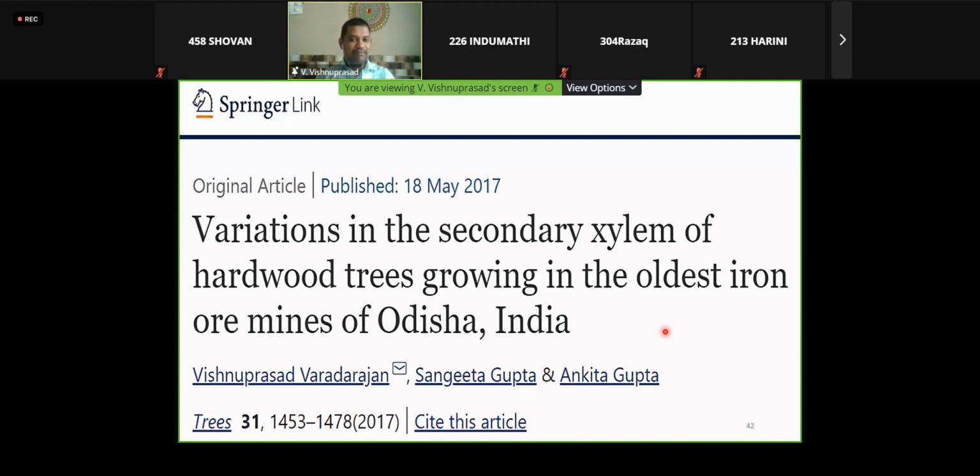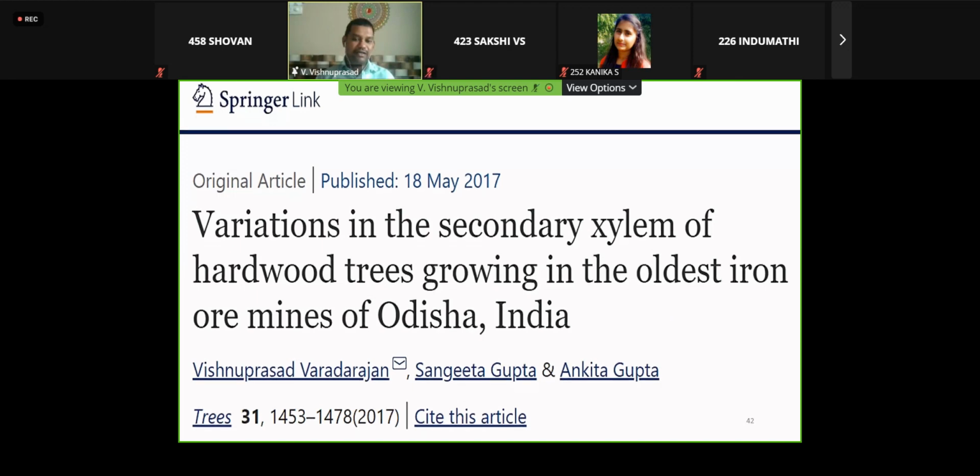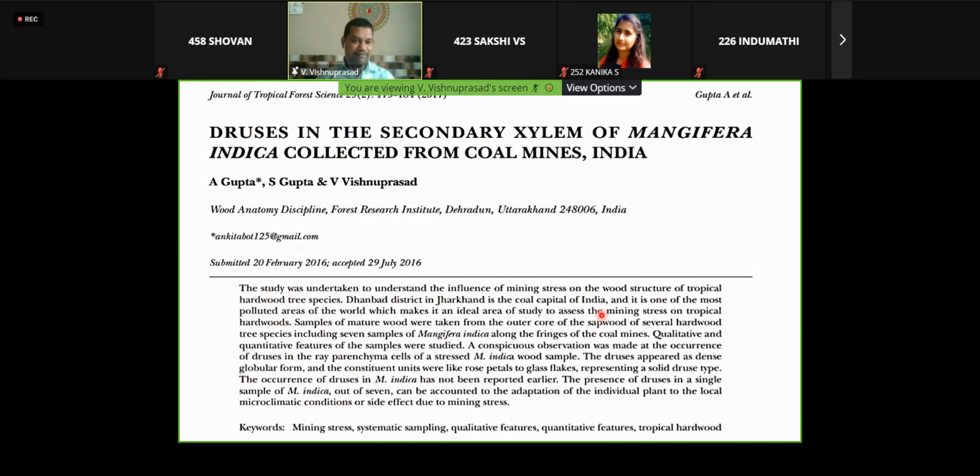Similarly, there is one more publication, which is actually a new report. One of my colleagues, Ms. Ankita Gupta, was working on the coal mines of Jharkhand. Similarly, microstructure work was being carried out, and she came across a Mangifera indica species. We were working together. In the Mangifera indica species collected from the coal mines, she saw that there were druses present in the wood.